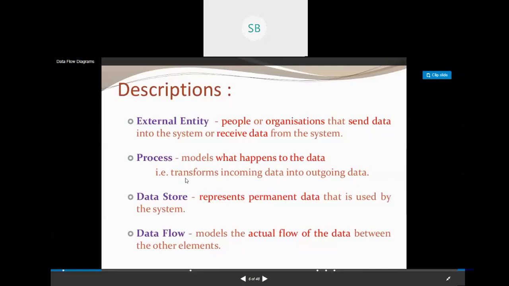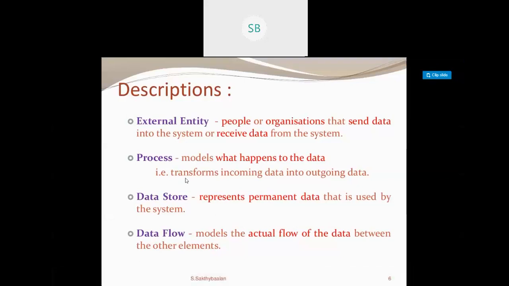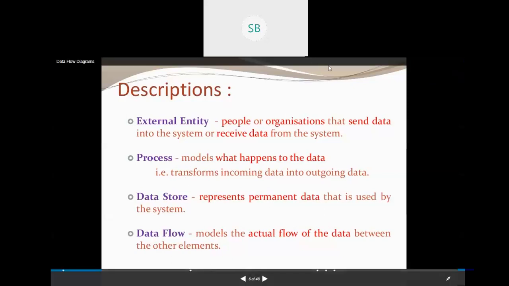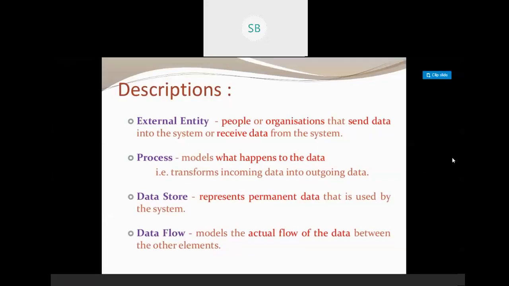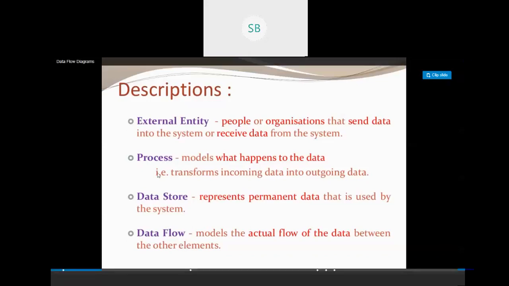It transforms incoming data into outgoing data. So that is basically a process. What will happen to your data, how it will happen, how the data will be processed, is discussed in the process type entity.